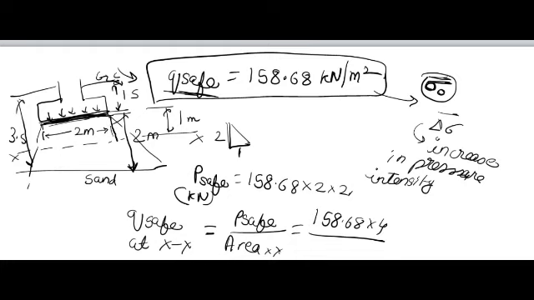So we know the pressure intensity increases at the ratio of 2 vertical to 1 horizontal. If this is 2, this will be 1, but in this case the distance is 1 meter.